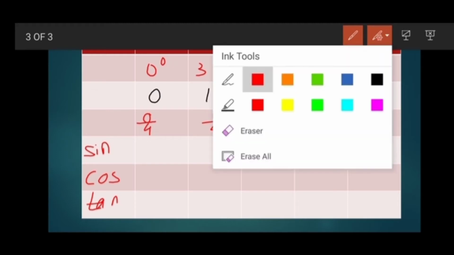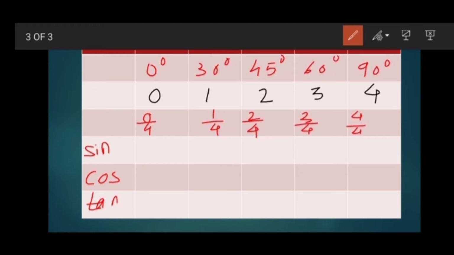So 0 divided by 4 will be 0, 1 over 4 will remain as it is, 2 over 4 will be 1 over 2, 3 over 4 will remain as it is, but 4 over 4 will become 1.